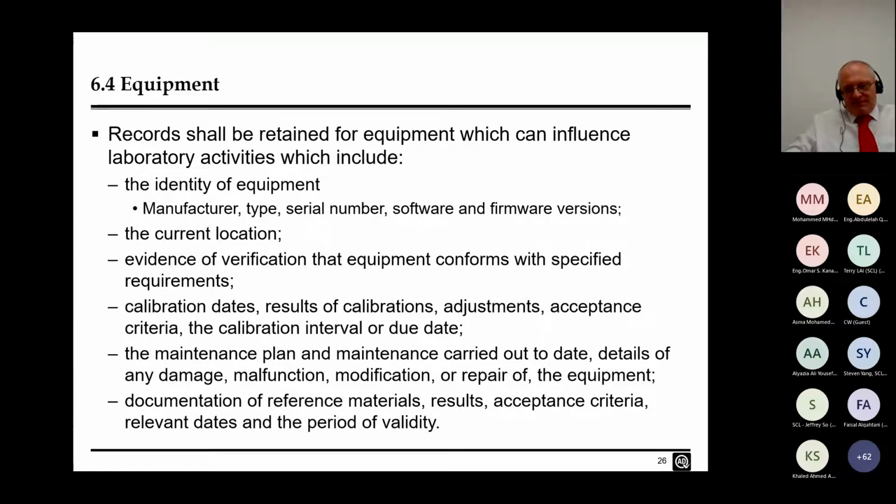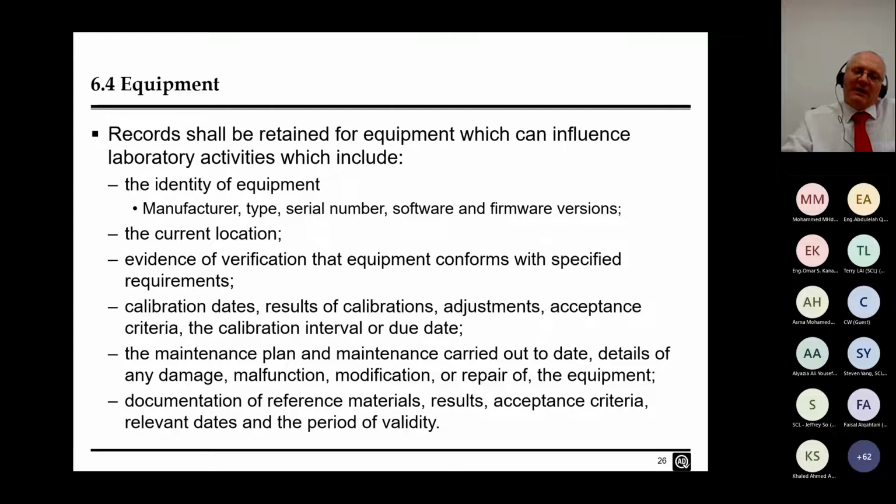Equipment records. Equipment records are a very important part of what we do in the laboratory. Every piece of equipment is a unique item. It needs to be identified with its serial number, its software and firmware versions. You need to know where it is. You need to provide the evidence or show where the evidence is that it was verified that it met the standard specified requirements when it was new, when it was repaired, after it was calibrated.